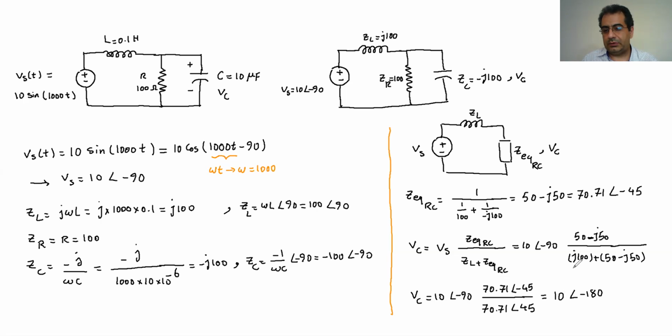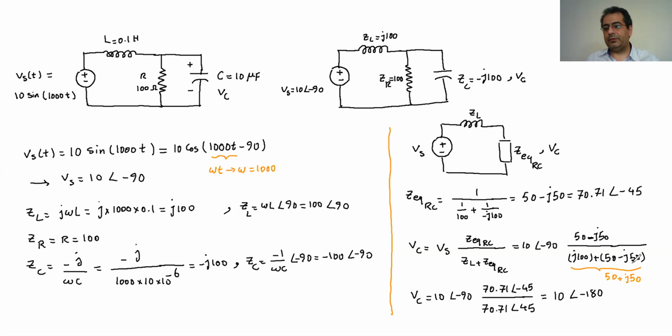And this one I just wrote in case you want to know how much it's going to be, 50 plus J50. So again, you can do this manually, or you can simply plug this in your calculator, and it's going to give you this magnitude here.